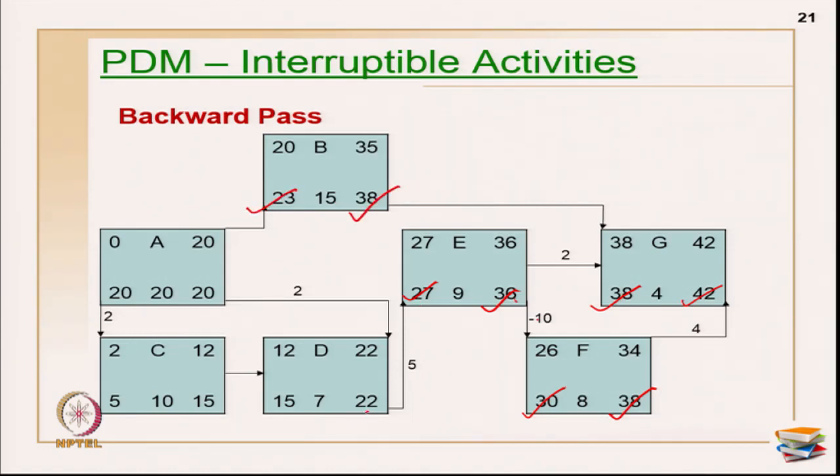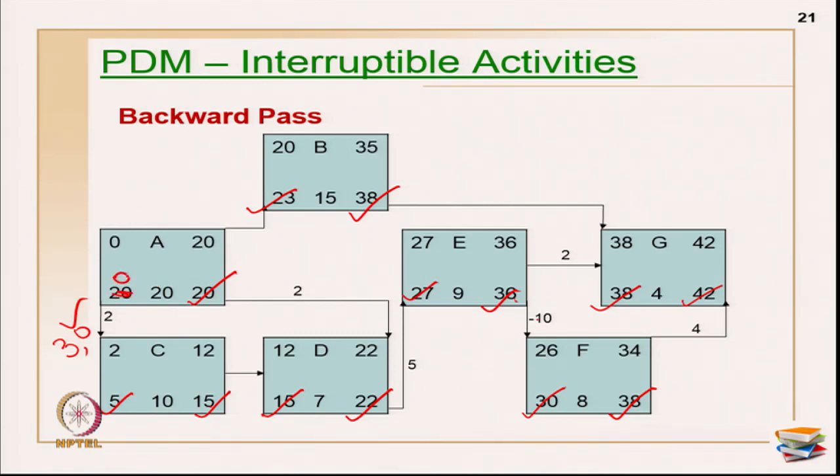Now 27 minus 5 is 22, 22 minus 2 is 20, 22 minus 7 is 15, this is 15 because I have a finish start, 15 minus 10 is 5. Now, 5 minus 2 is 3, 20 minus 20 is 0, the minimum is 0. So, this becomes 0.